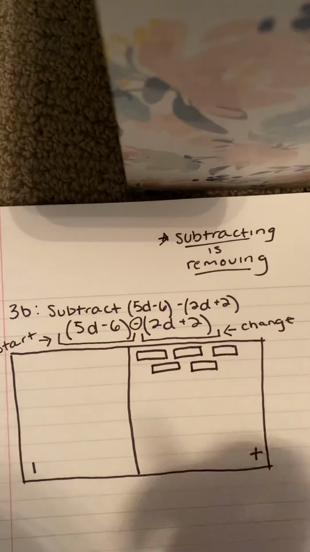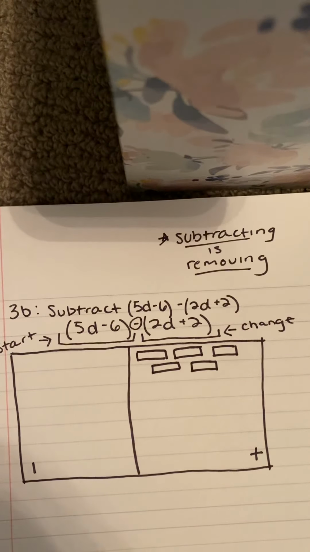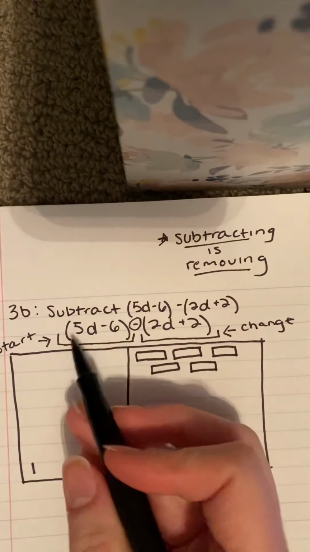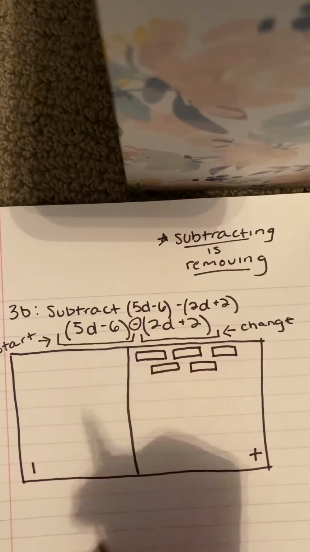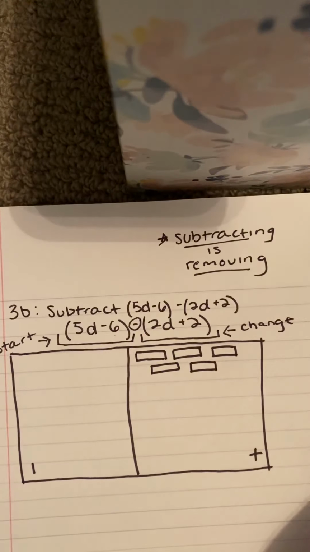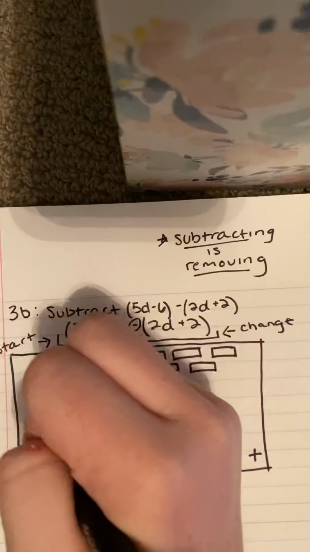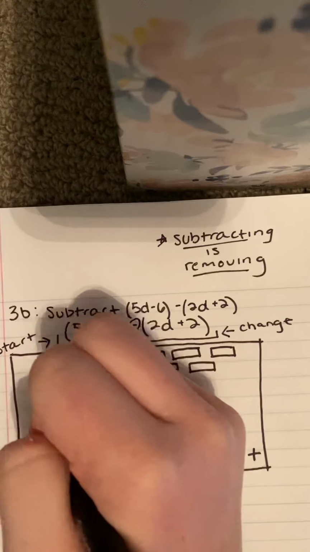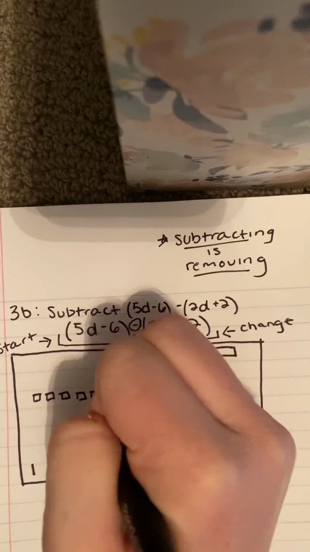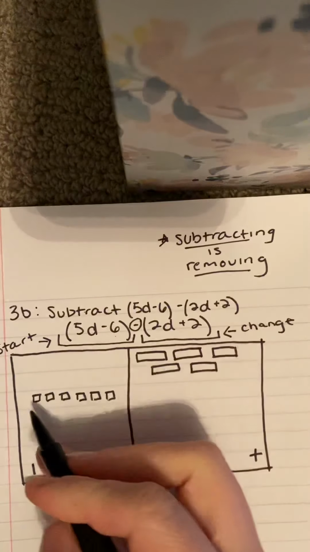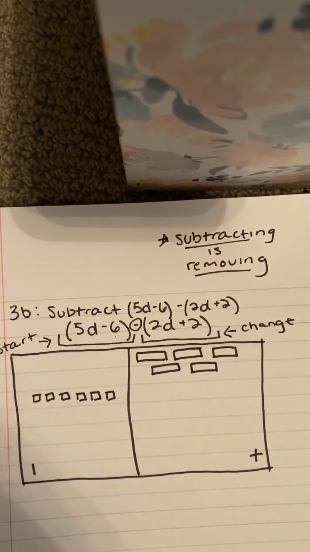And if we were using real algebra blocks, these would all be the exact same size and length. That's representative of 5d. And then to start, we also have to do minus 6, which 6 is just blocks. So 1, 2, 3, 4, 5, 6. So now we have the start plotted on our map.